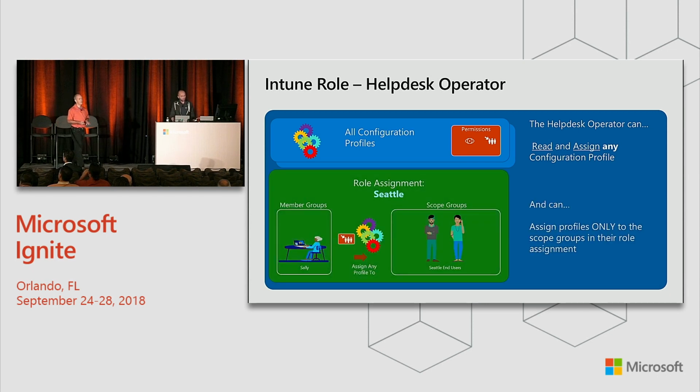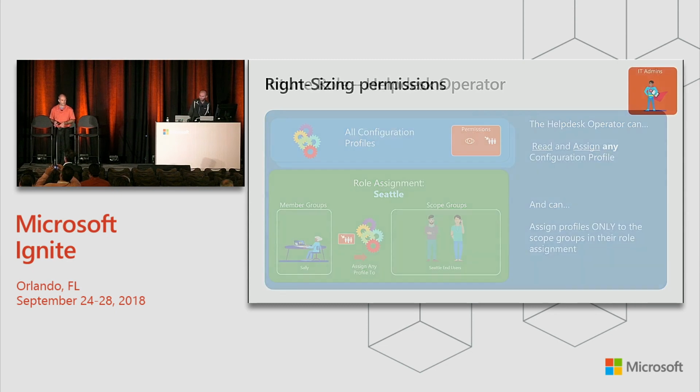In order to do that, she needs to be a member of the IT staff, that's her member group, and she needs to be able to deploy to a scope group, in this case, all Seattle users. So where we are today, Intune roles allow you to view and see all of the configuration profiles, but only deploy them to a limited group, which is your scope group.